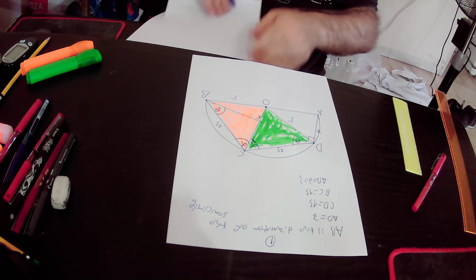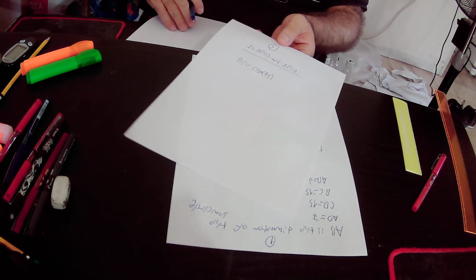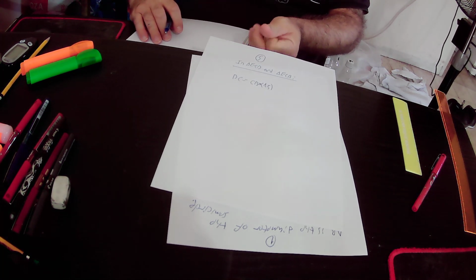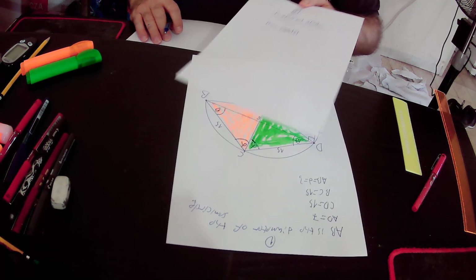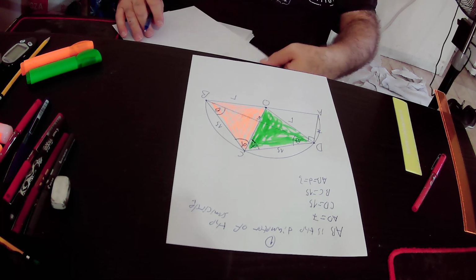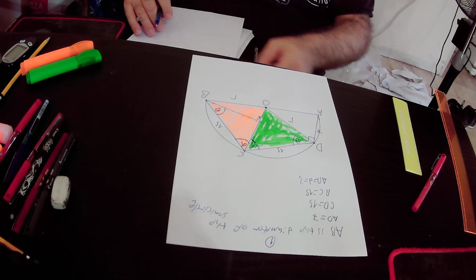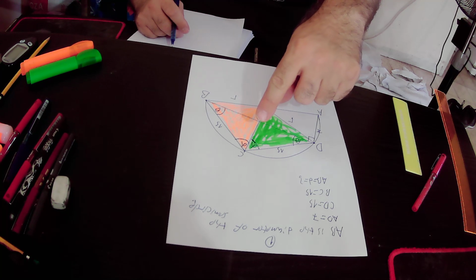Side DC of the green triangle equals side CB of the orange triangle. Both those two sides are equal to 15 units. And side EC is a common side.